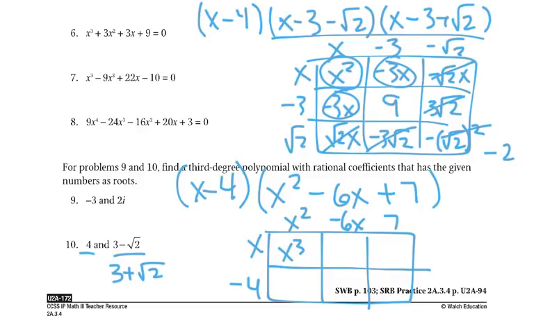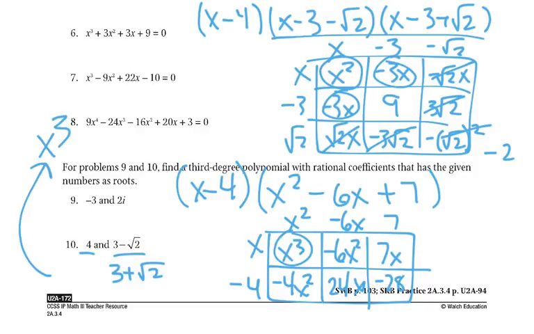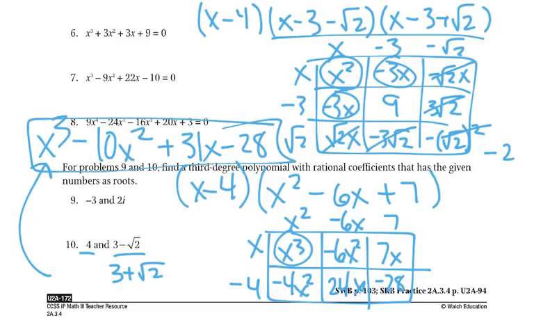So x cubed, negative 6x squared, 7x, negative 4x squared, 24x, and negative 28. So we get x cubed minus 10x squared plus 31x minus 28. And there's our answer. And there we go, guys.